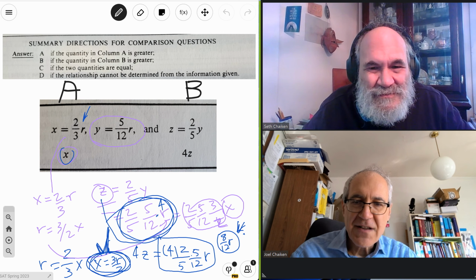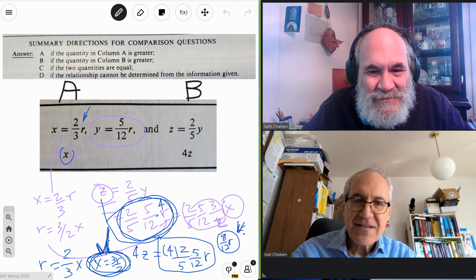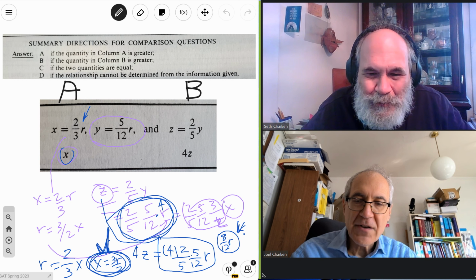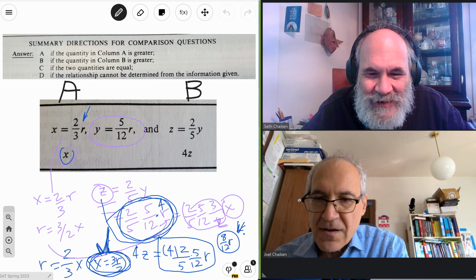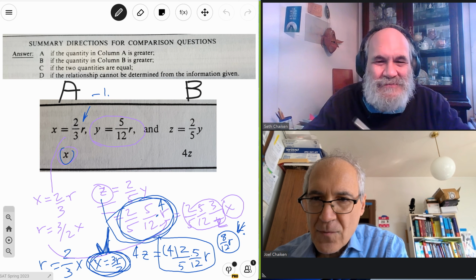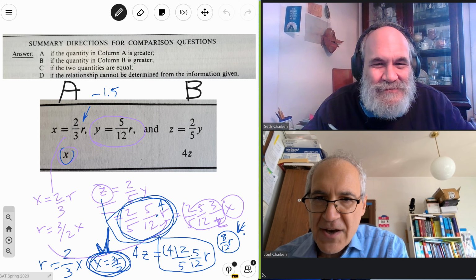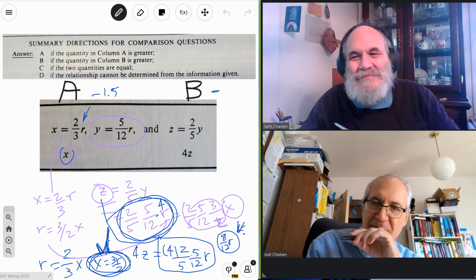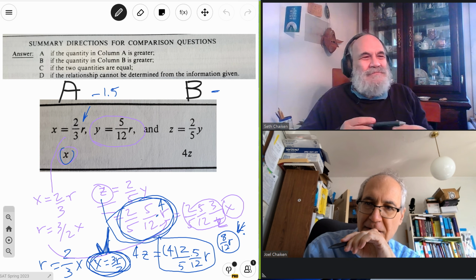But you're right. R can be less than 1. So if R is less than 1, then what about negative 1.5 compared to negative... Oh, you're right. Oh, my goodness. If R is less than 1, you can't tell, right?